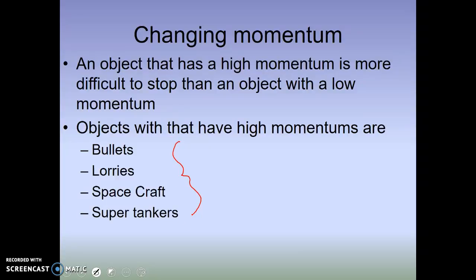This bullet, for instance, has high momentum. It has big momentum, and then zero momentum when it's stopped. So by changing its momentum, you have to have applied a force to it. The same goes for all these other objects, which all have a large momentum. Because when you bring them to a stop the momentum drops to zero, you need a big force to do it.